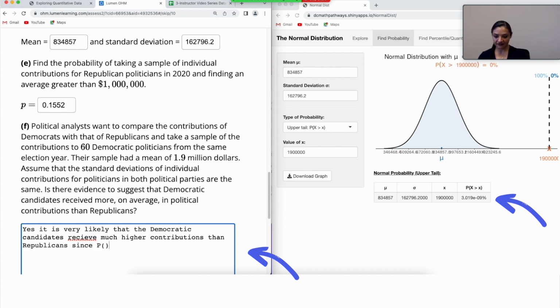Since the proportion, the probability that X is bigger than 1.9 million is essentially 0, as we noticed in our use of the normal distribution tool.